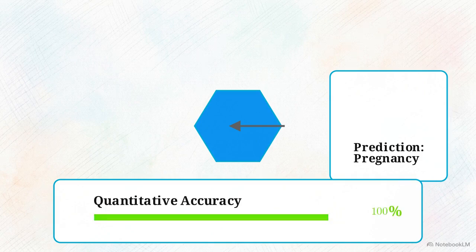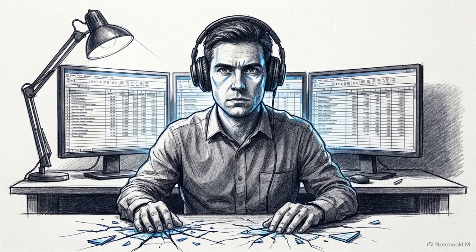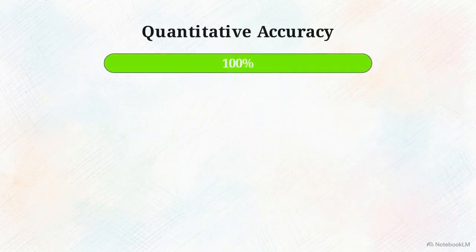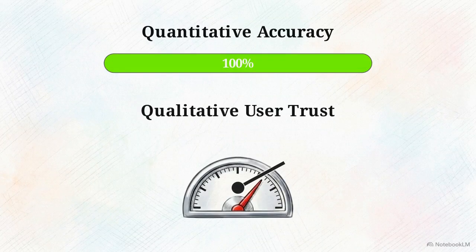The model demonstrated exceptional predictive accuracy. Yet, the evaluation process was fatally incomplete because the team ignored qualitative factors. They did not evaluate customer comfort, privacy concerns, or the emotional implications of using sensitive personal data for marketing purposes. Notice this secondary gauge tracking user perception.